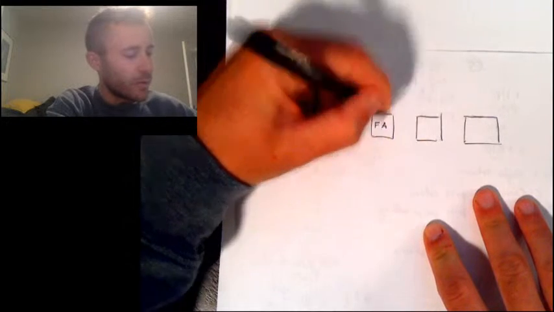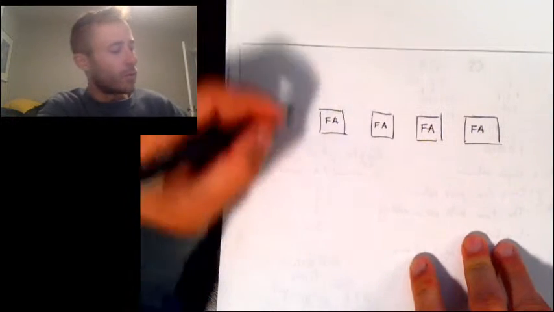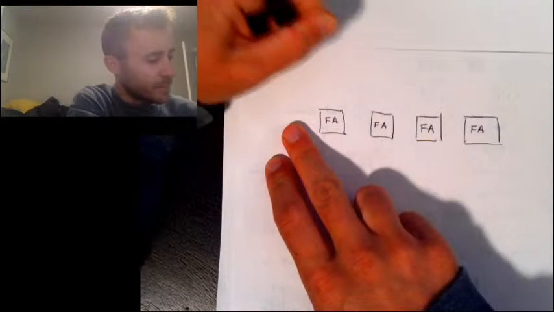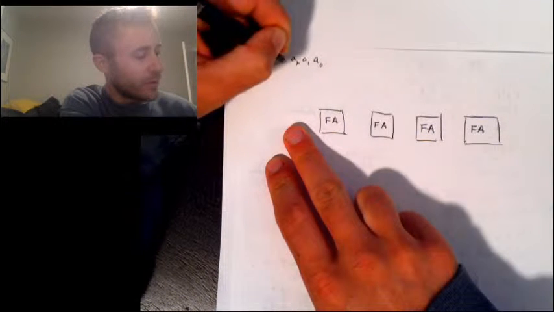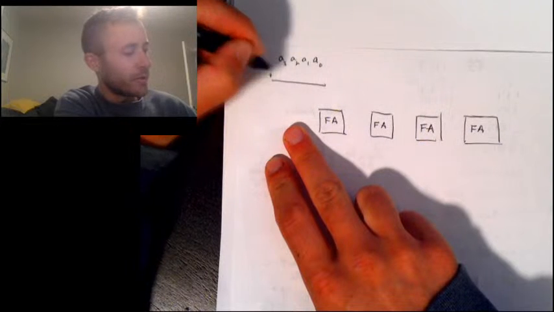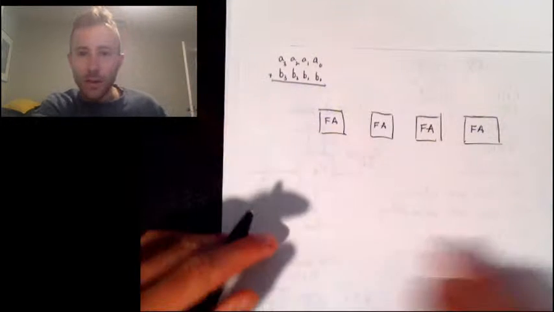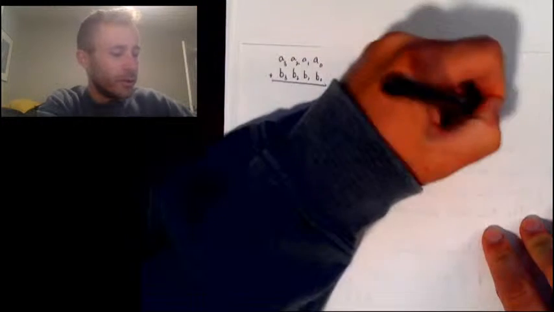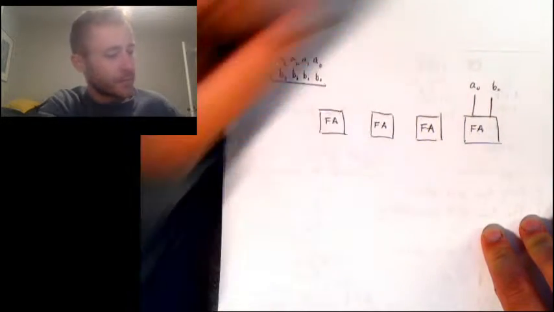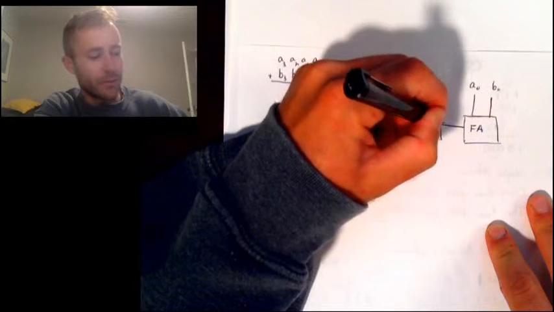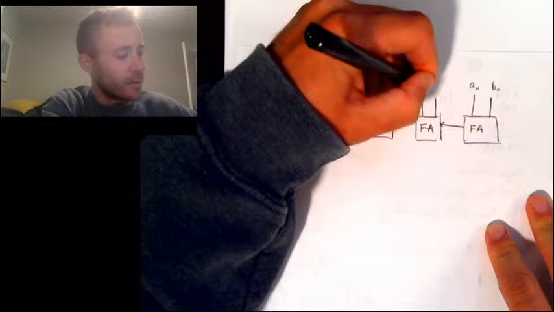If you have two 4-bit numbers, these are the two numbers that you're trying to add, A0, A1, A2, A3, and you're trying to add that to B0, B1, B2, B3. In the first full adder, you put A0 and B0, and then the carry out gets fed into the next full adder, which also gets A1 and B1.